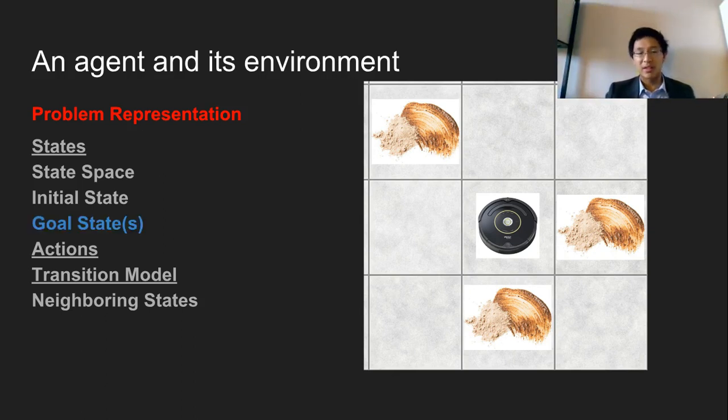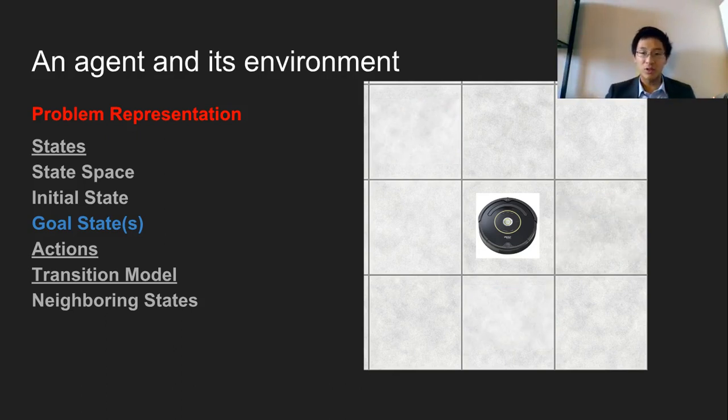So we're going to define what's called a goal state, or there might be multiple of them. A goal state is simply what state of the environment we want to end up at. So for Ronnie, as you might guess, the goal state would be having all of the dirt cleaned up. Now, this is one such goal state, but there are in fact 8 others, because we don't care where Ronnie is at the end. We just care that all the dirt's cleaned up.